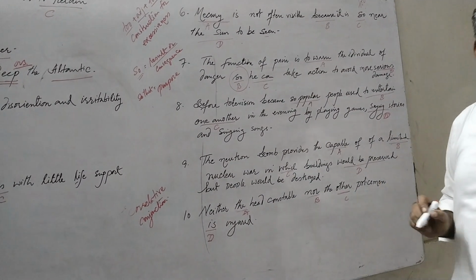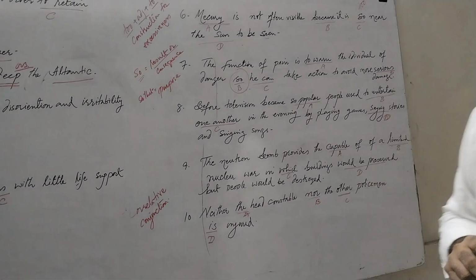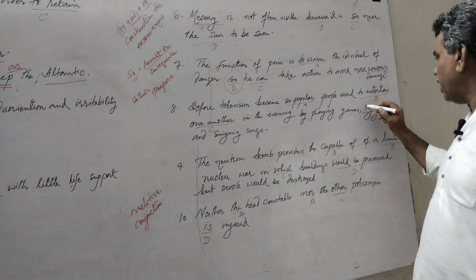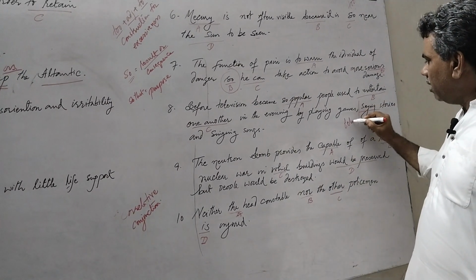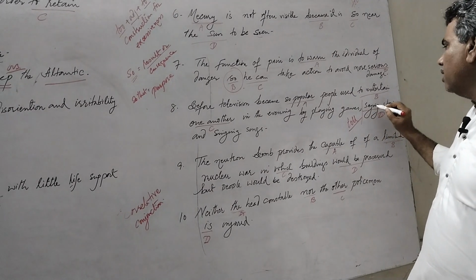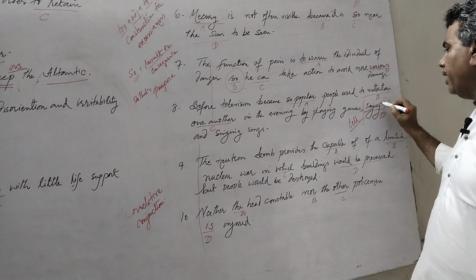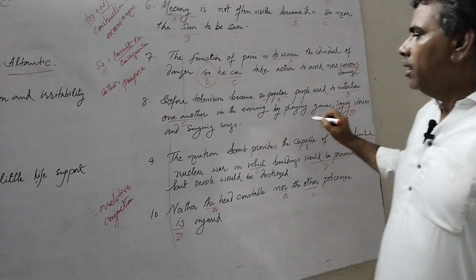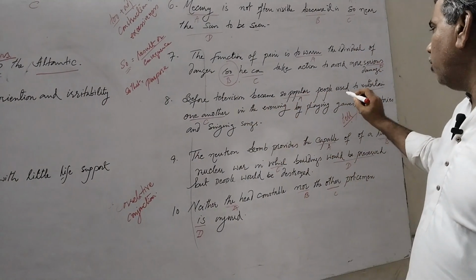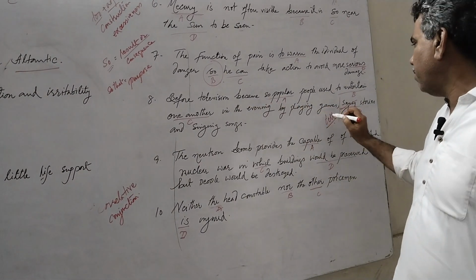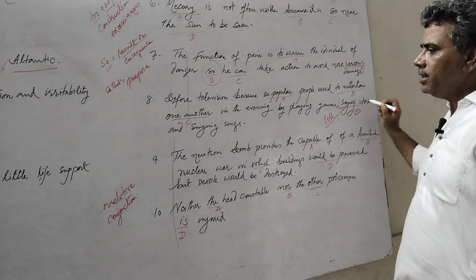We know that we do not use the word say when we talk about stories. We use to tell a story. Stories are always told, not said. So we have to remove the word saying and use telling. Before television became so popular, people used to entertain one another in the evening by playing games, telling stories, and singing songs.